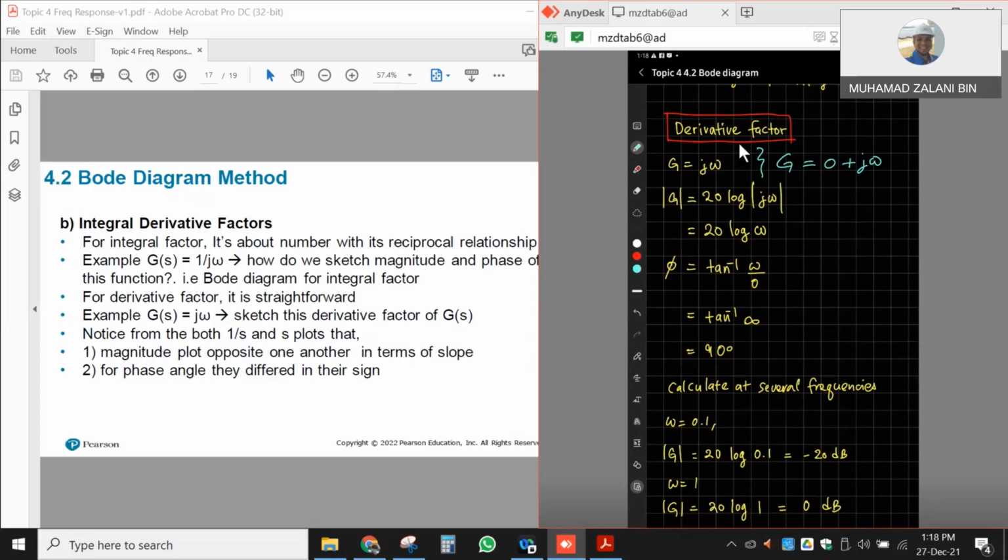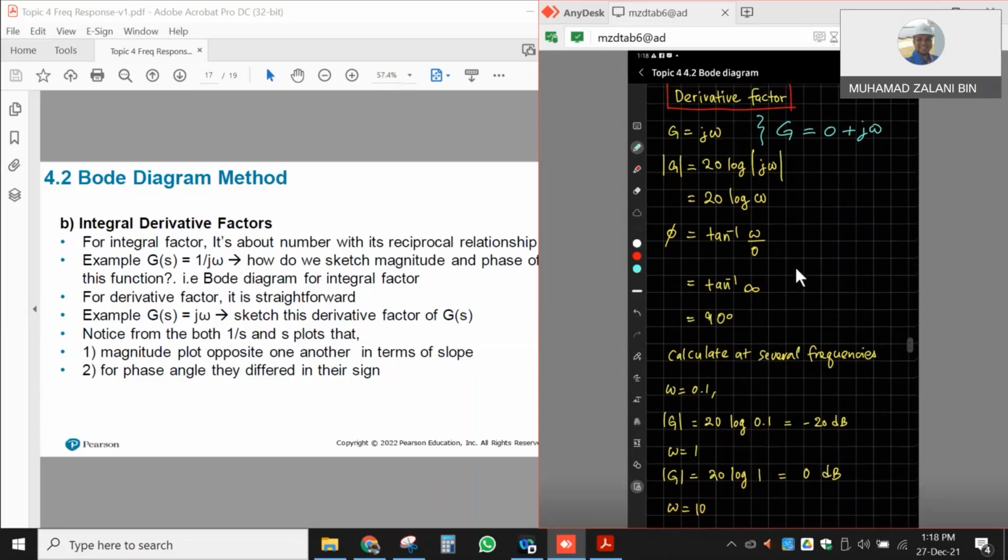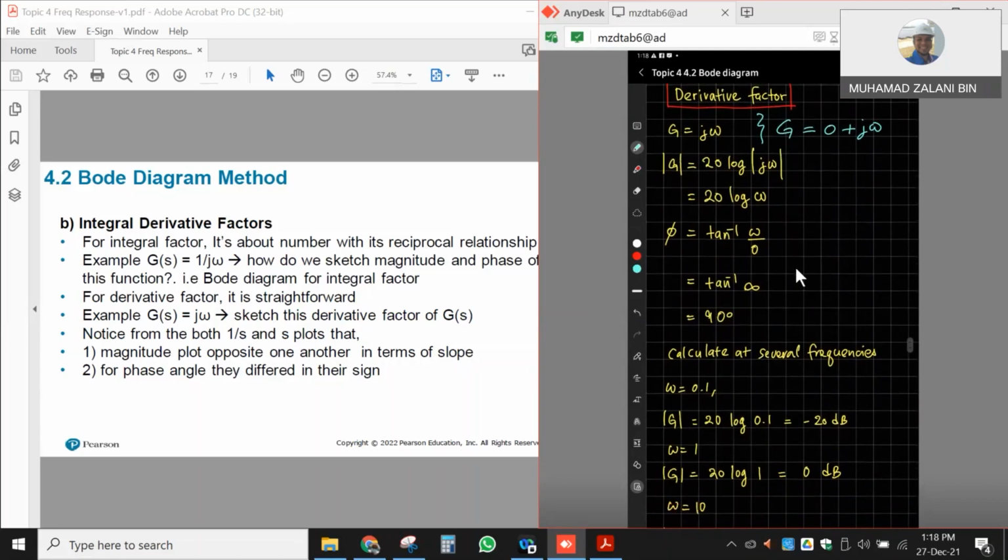But this time, for the derivative factor, in the decibel expression we have 20 log of the magnitude of j omega, so it is 20 log omega.